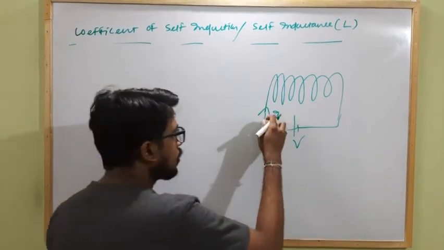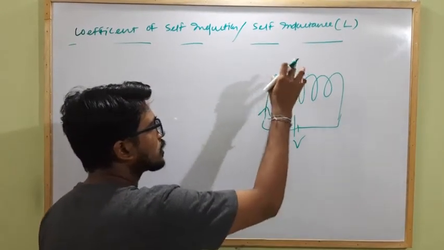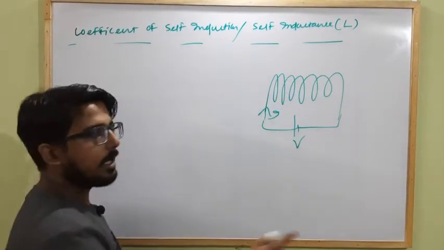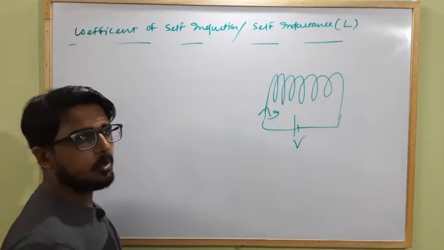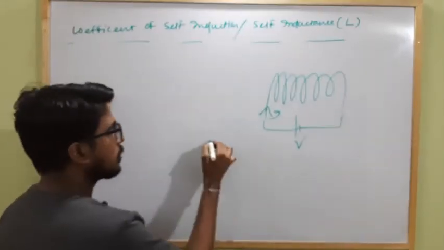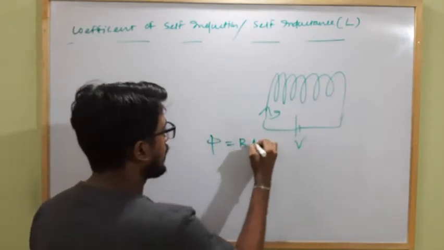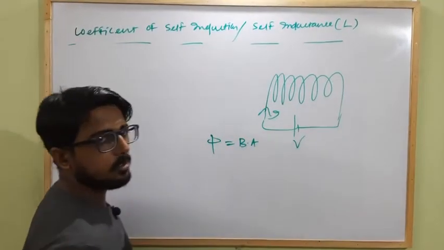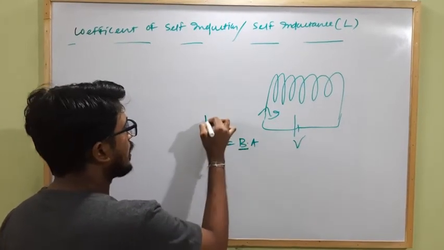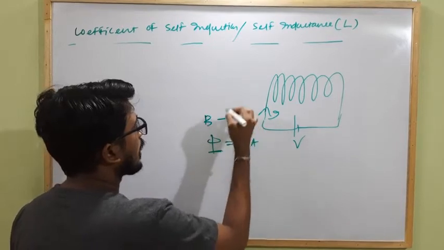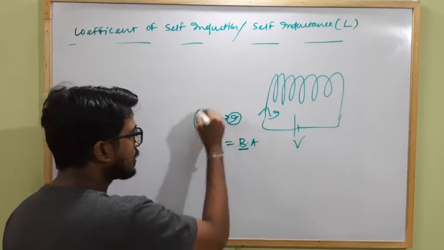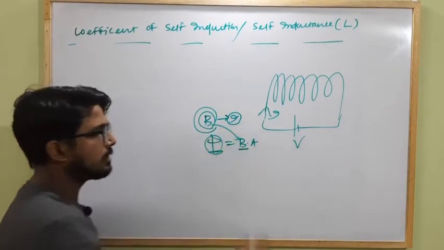So when the value of I is more, the strength of the magnetic field produced by each turn will be more, and as the strength of the magnetic field is more, the flux linked with each turn will be more, because phi depends upon B times A. The area of each turn is constant. As B increases, the flux increases, and B depends upon I. As I increases, B increases. As B increases, phi increases.